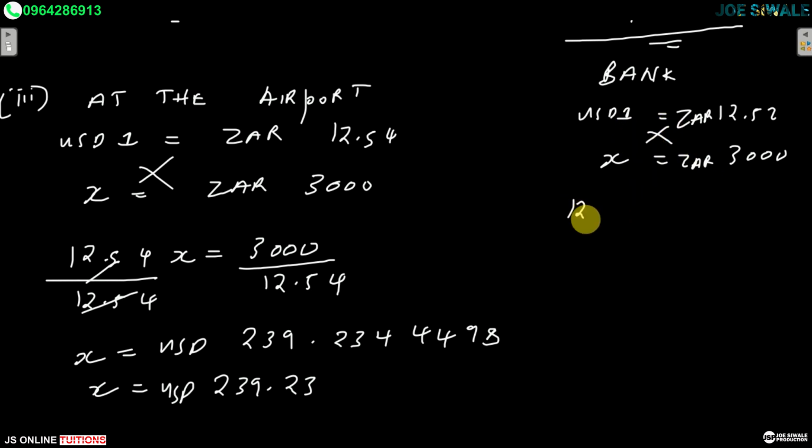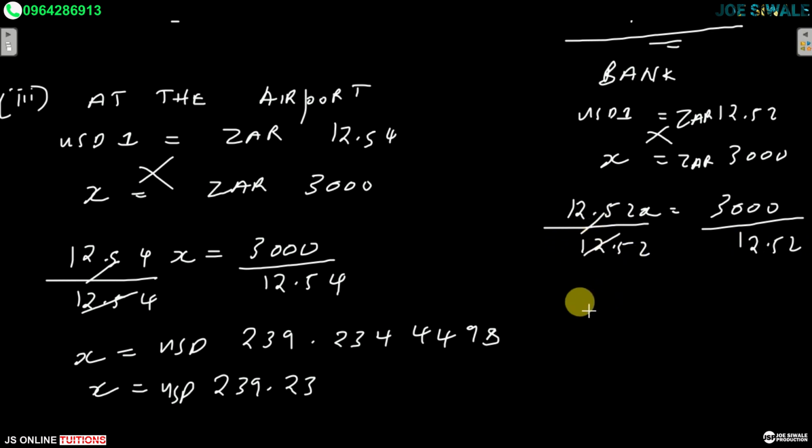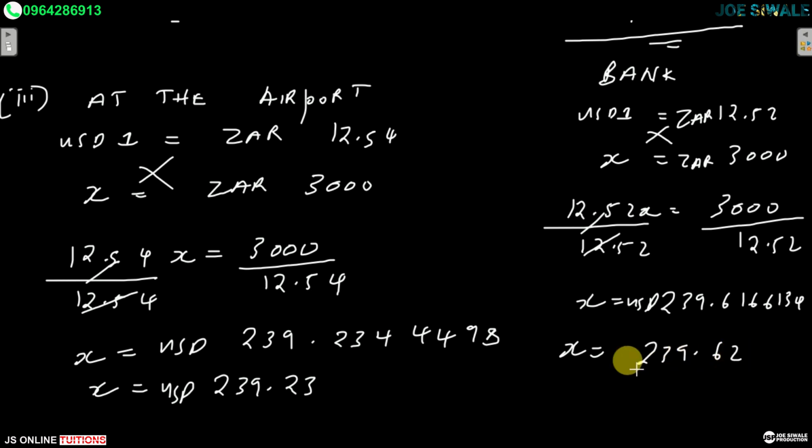We're going to have 12.52 X is equal to 3,000. So divide by 12.52 on both sides. So our answer is going to be 239.6166134 United States dollars. So rounding off our answer to 2 decimal places, we're going to have 239.62 United States dollars.